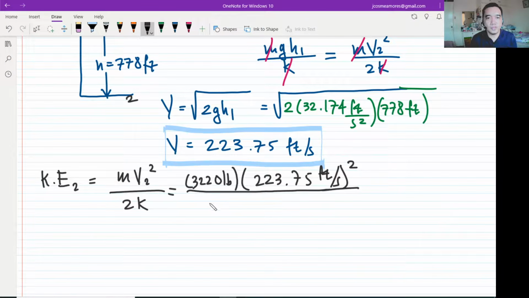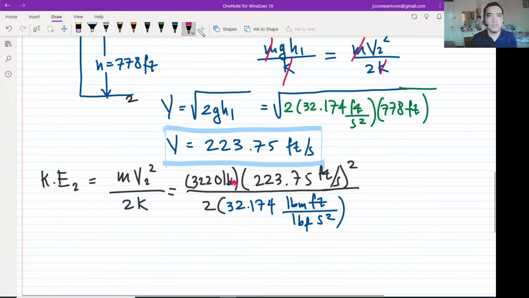And then we square it, divided by 2 times k. Since the mass is in pound mass, the k that we will use is 32.174 pound mass feet over pound force second squared. So what will happen with our units? Pound mass cancels out. Here we have feet squared over second squared, and then second squared cancels out, feet will also cancel out, but there will be a remaining feet.